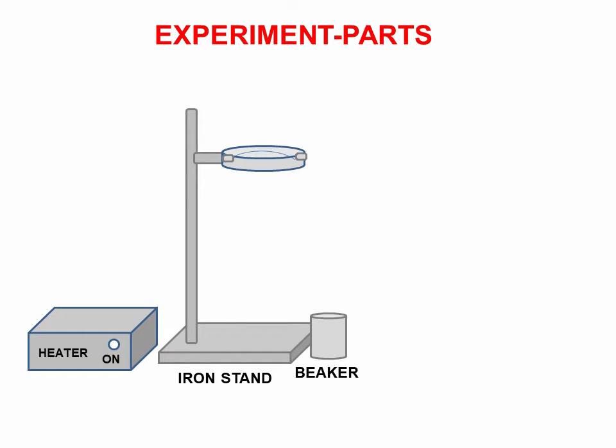Now, let us see the parts of the experiment. See an iron stand, at the top of it, it has a ring which is used to suspend the Lee's disk. A beaker and a heater are also seen. The rigid Lee's disc is suspended with thread.